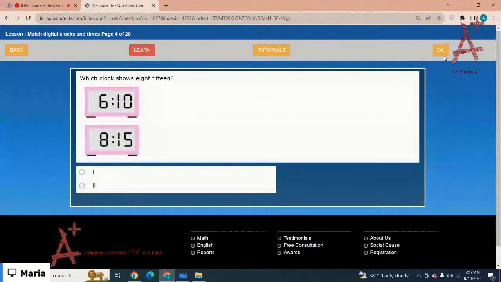Okay, which clock shows 8:15? Which is the correct option, 1 or 2? 8:15 means 8 hours and 15 minutes. So which is the correct option?